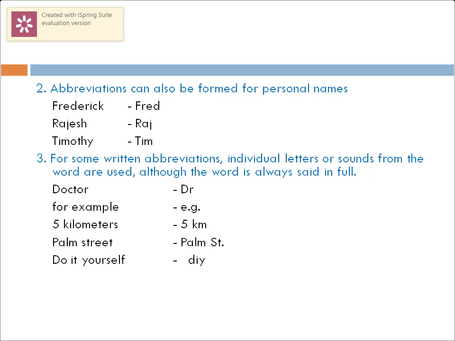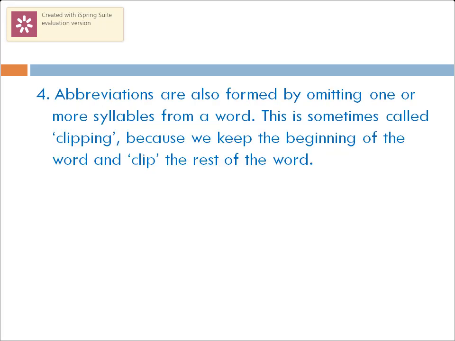Doctor, though we are only using two letters from the total word, that is D and R, but the word doctor is always said whenever you write Dr. Similarly, though we only use e.g. for exempli gratia, we always say the total word, that is for example. 5 km, though we write 5 km, it is always said as 5 kilometers. DIY, do it yourself.